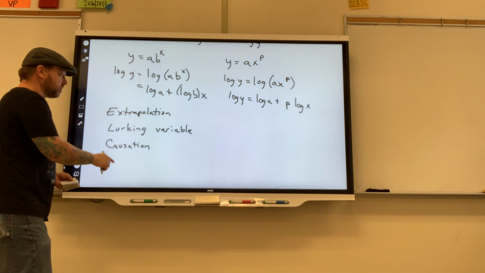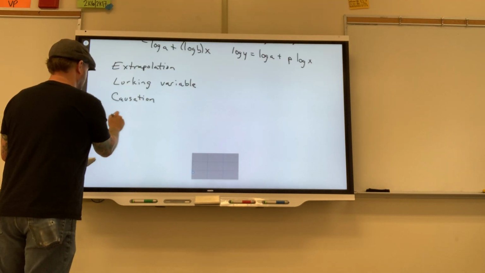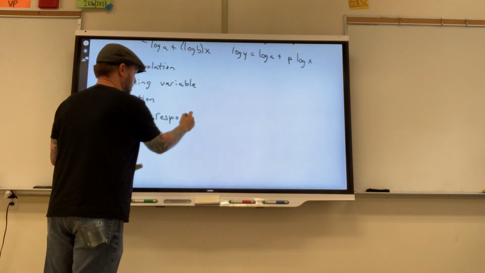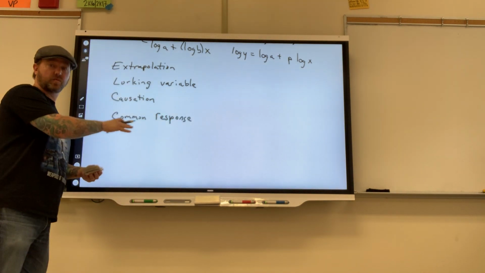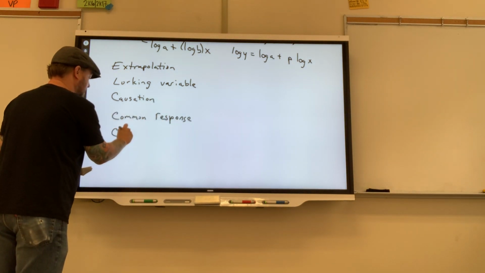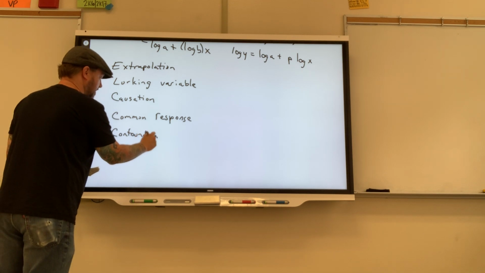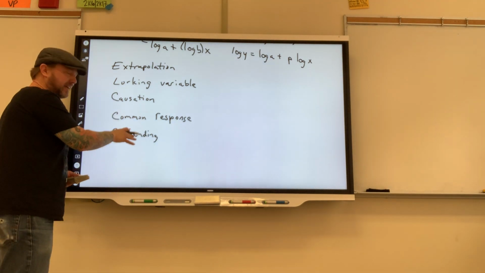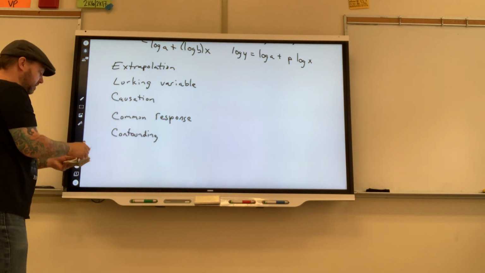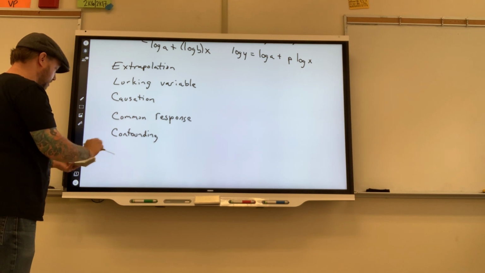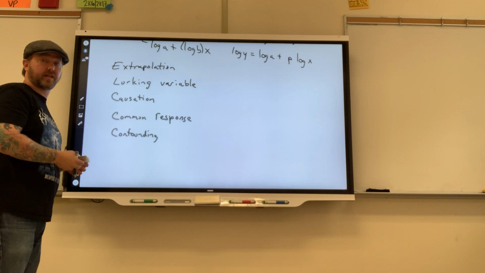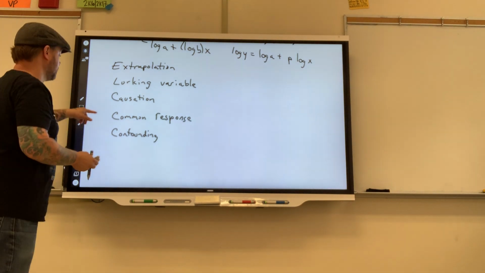Causation, X causes Y. Common response, X and Y are both caused by Z. Confounding, X might be causing Y, but it's probably also Z causing Y. So there's a difference there. All right, remember, most important takeaway was correlation does not imply causation. Okay, cool.